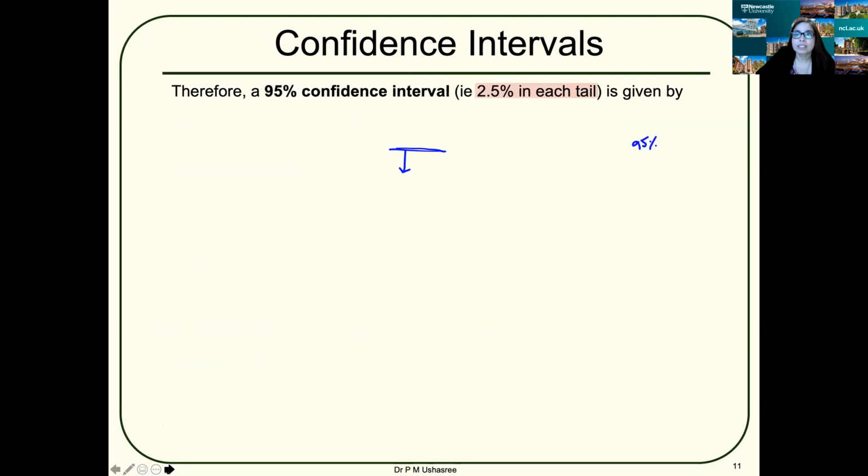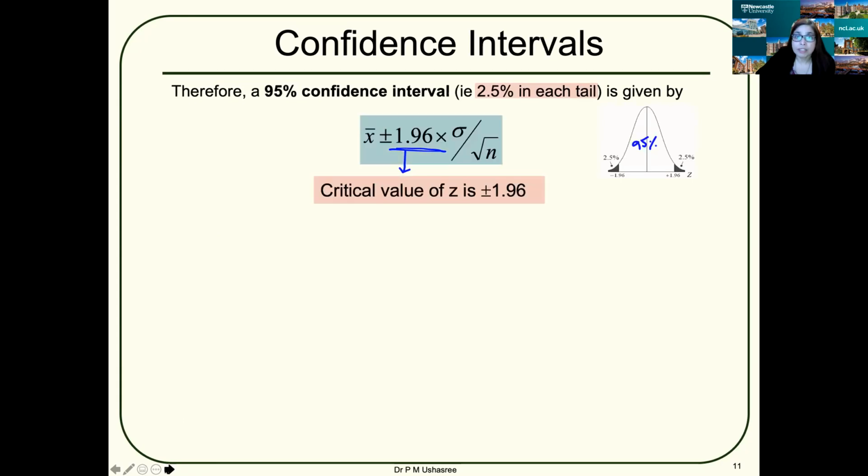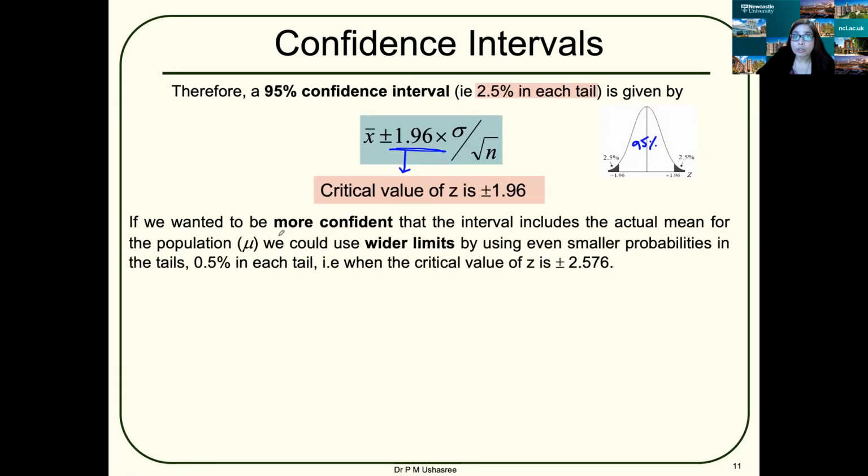Now, similarly, if you want to be more confident that the interval includes the actual population mean, you can use wider limits by using even smaller probabilities in the tails on each side.